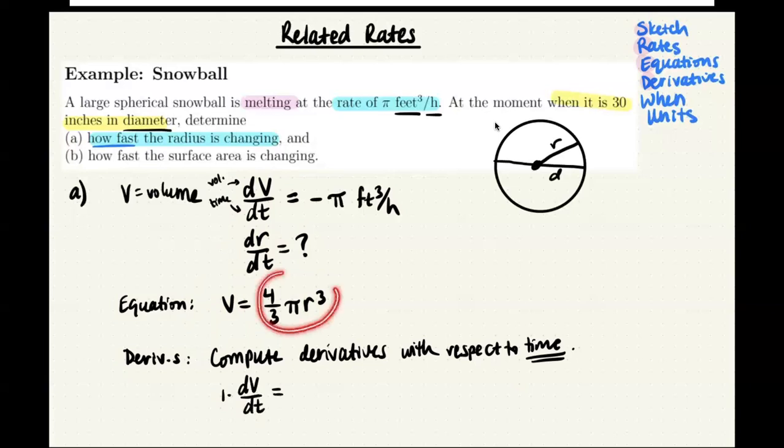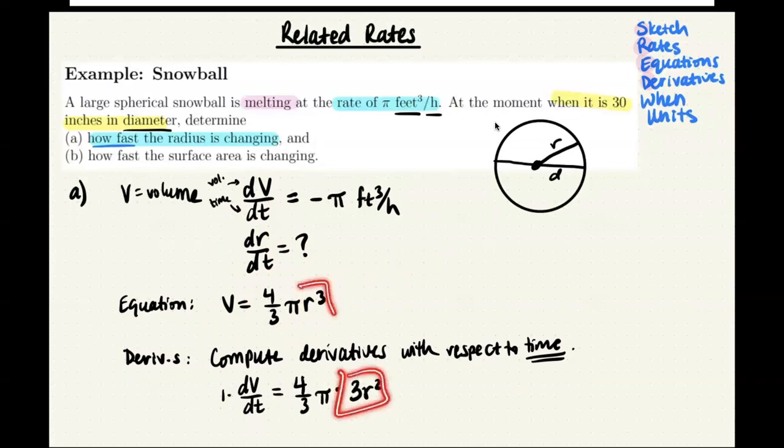Then I need to take the derivative of this expression. 4/3 and pi are just constants. So really I need to compute the derivative of r cubed with respect to time. That's a power rule. The 3 comes down in front, and then I subtract 1 in the exponent. So I have 4/3 pi times 3r squared.